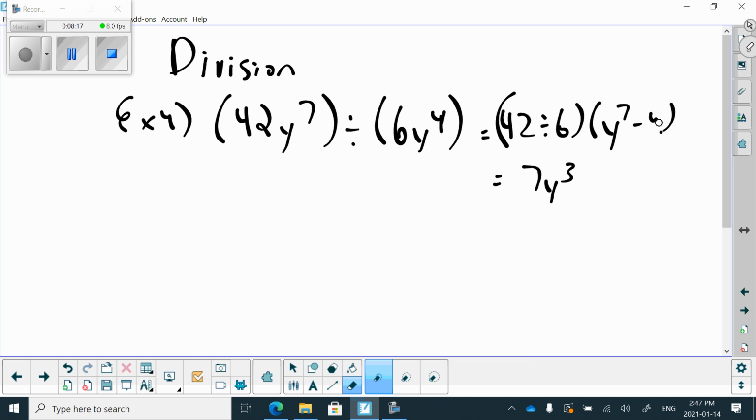My bad. That 4 should be way smaller because it's an exponent. That's better. Questions on the first one?